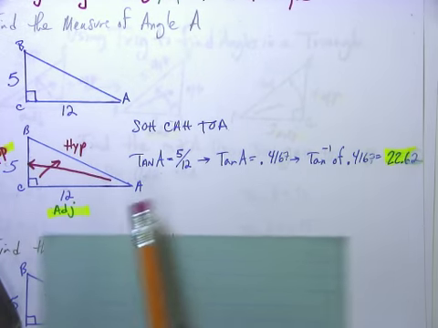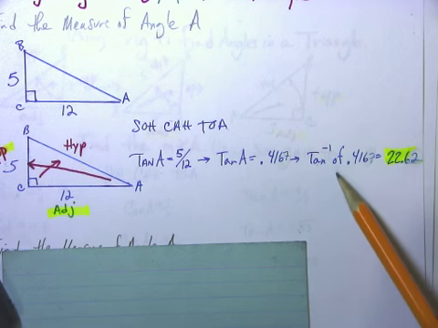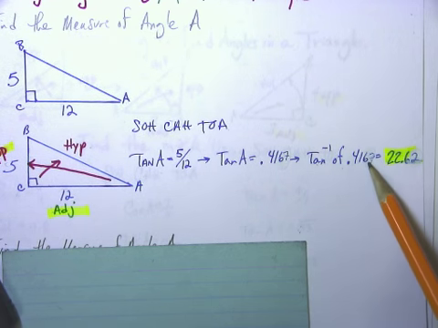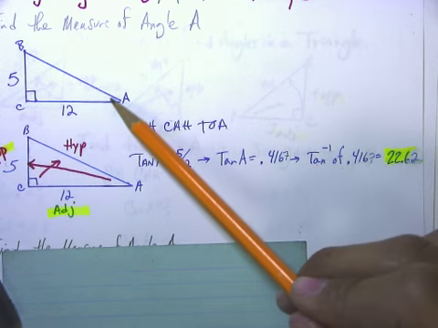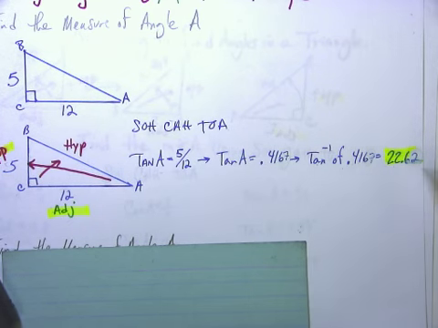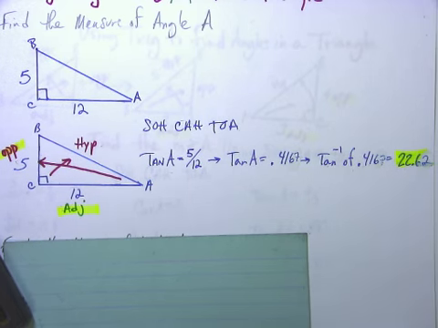What that means then is that the inverse function, tangent to the -1 of 0.4167 is 22.62, which means that the measure of angle A is 22.62 degrees. And that is how we can use trig to find the angles of a triangle.